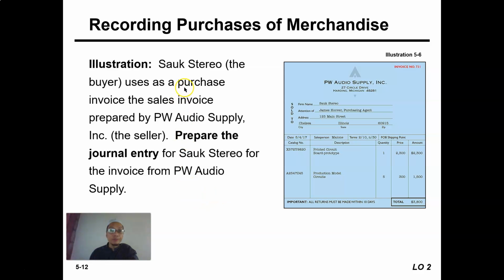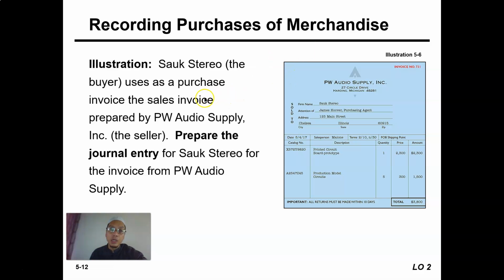So Sook Stereo received this invoice from PW Audio Supply. Sook Stereo, which is the buyer, uses a purchase invoice from the sales invoice prepared by PW Audio Supply. So it's the same document but used differently.